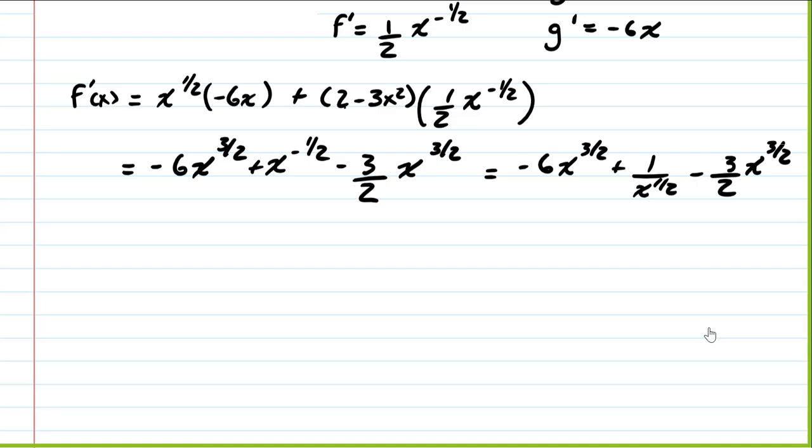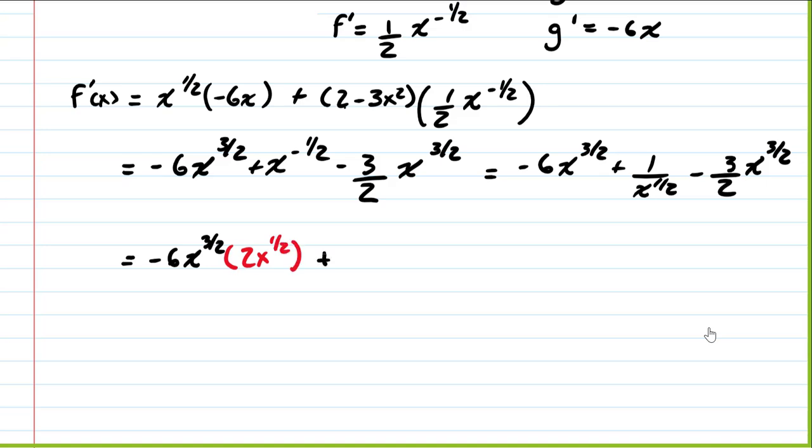And then if we wanted to, we could get a common denominator of x to the 1/2, so 2x to the 1/2. So negative 6x to the 3/2 times 2x to the 1/2.